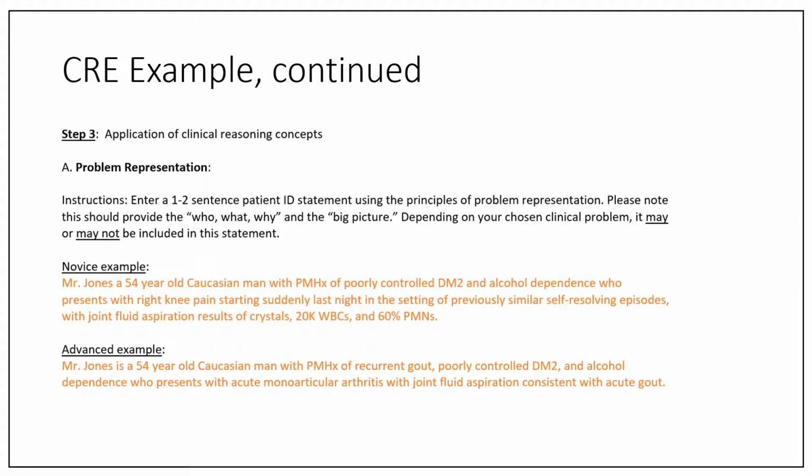Now the student will delve into each of the clinical reasoning concepts, the first of which is problem representation. Again, problem representation is the 1 to 2 sentence summary that highlights the defining features of a patient's case. Here you can read an example between a novice and an expert. While both utilize the who, when, and what framework, you'll notice that the expert uses more semantic qualifiers, which allows for a more succinct summary using appropriate medical terminology.